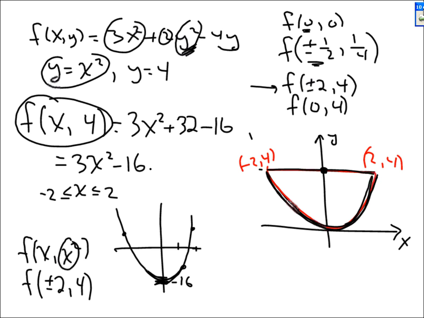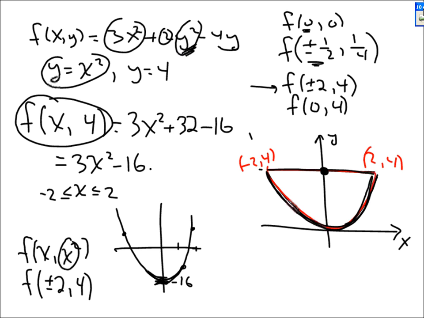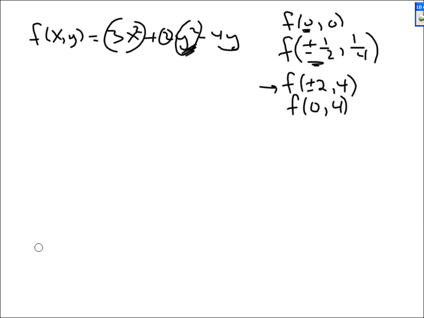You might have a min right there. Okay, so we just need to check f of this handful of points, and we'll find the max and the min. The largest f value or z value will be the max and the least will be the min.